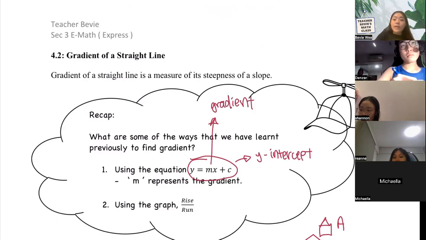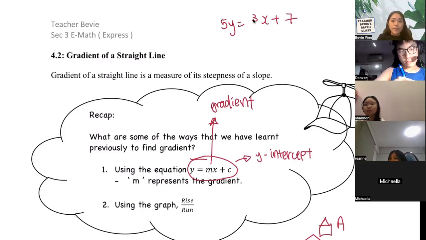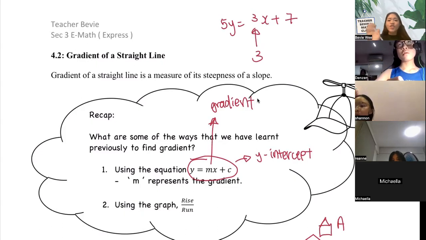Okay. This one is Sec 1 work. Don't tell me you don't know how to do. So if I give you 5y equals to 3x plus 7, for example, is my gradient just 3 or not? No. For my gradient, I must make sure my y is 1y and nothing else.